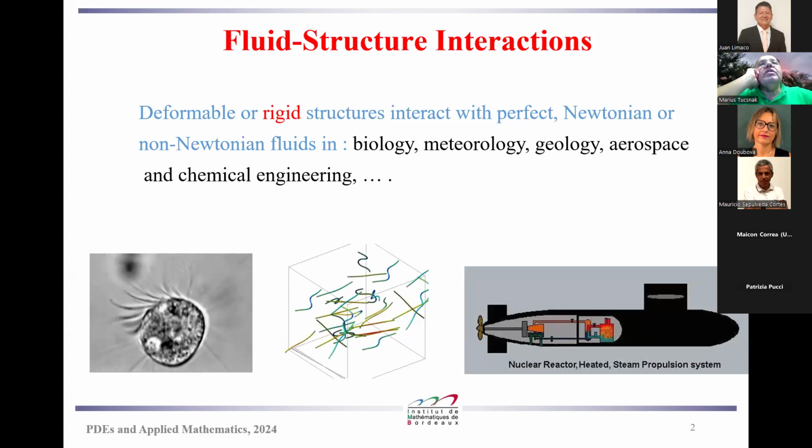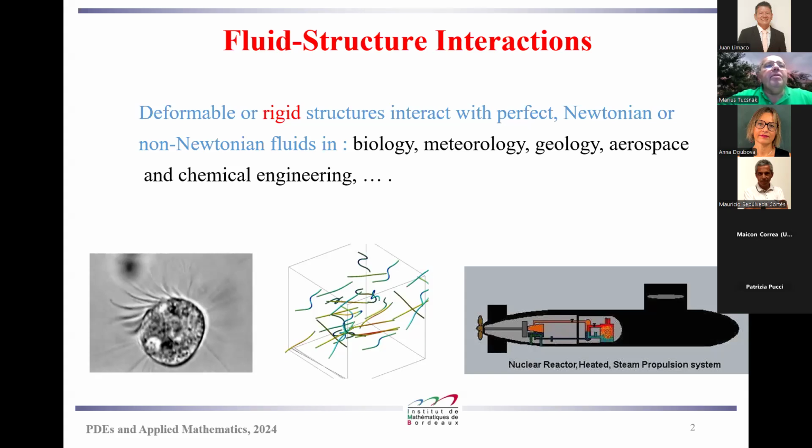The questions I will discuss are part of a broader range of problems which concern the fluid structure interactions which arise naturally in many fields of science and of engineering. I have here three examples.